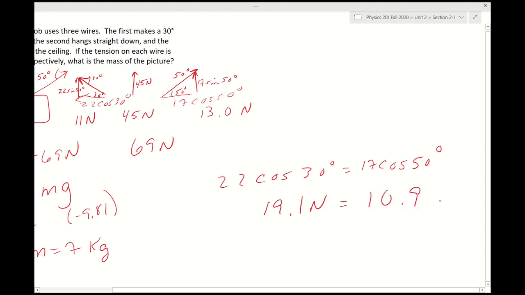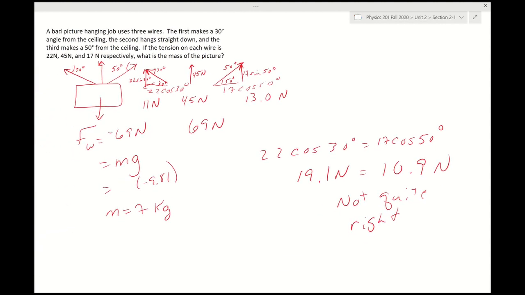And you could calculate, since this is larger, it's going to accelerate to the left. You could actually calculate the acceleration of the picture now that you know the mass. So since the mass is 7 kilograms approximately, the force is not 19, it's 19 minus 10.9, which is 8.1 newtons.